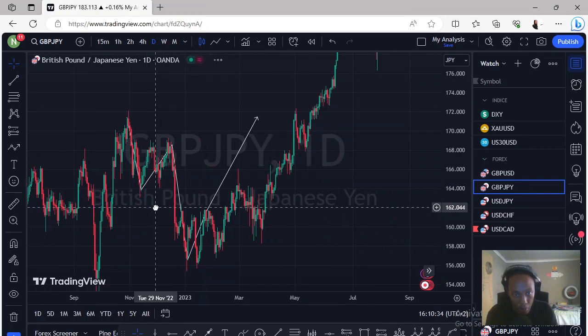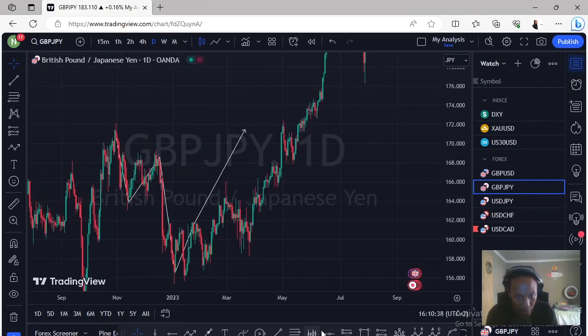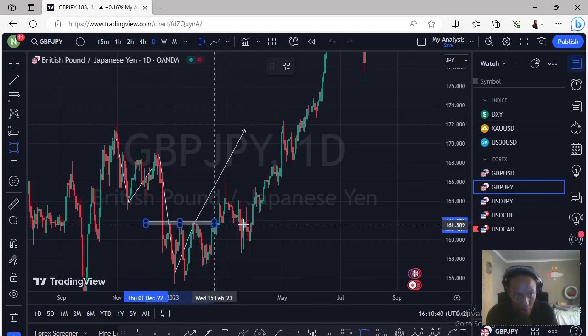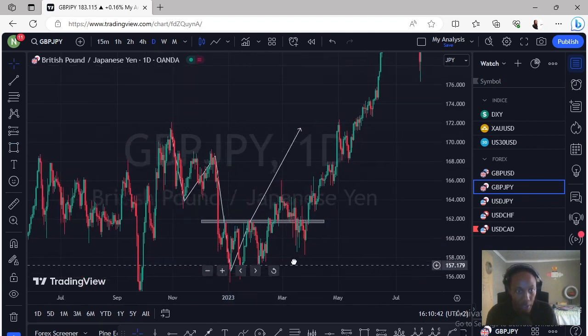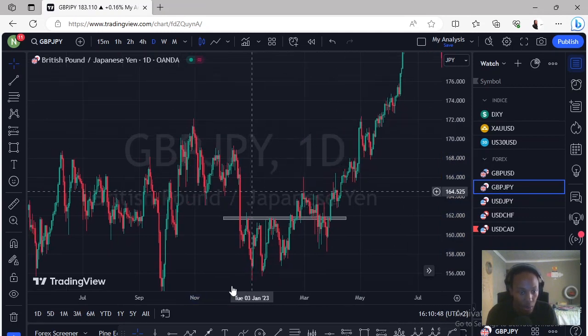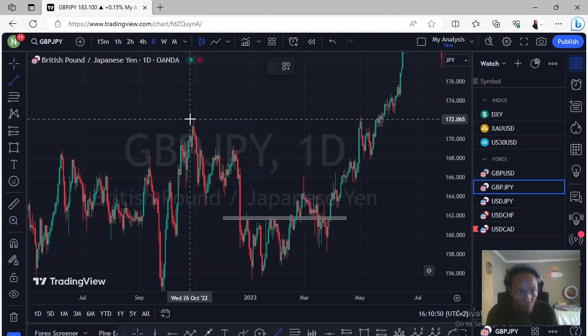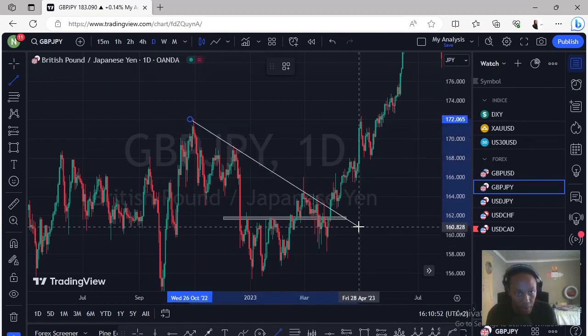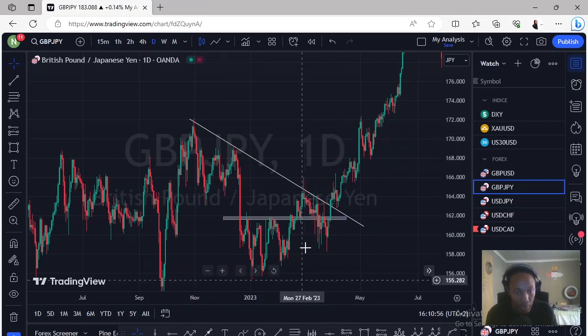The minute we broke above this level over here, we were anticipating what? Buys. We were anticipating buys. So we would have drawn something like this.